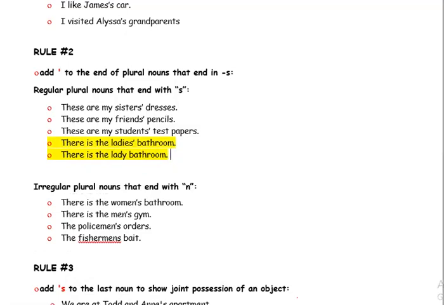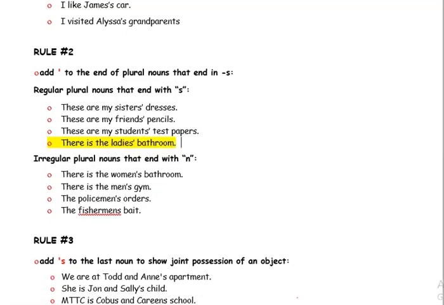Close, close, Vian. Just correct your spelling. Good. There we go. So because it's a singular noun, we have the word lady, and we add apostrophe S to the word. Okay. All right. I'm deleting that because we don't need that anymore. And moving on.